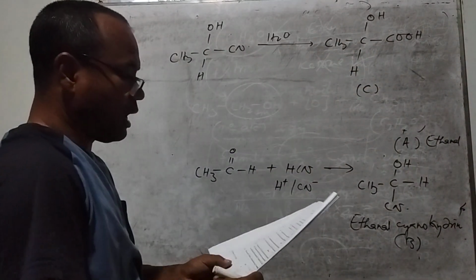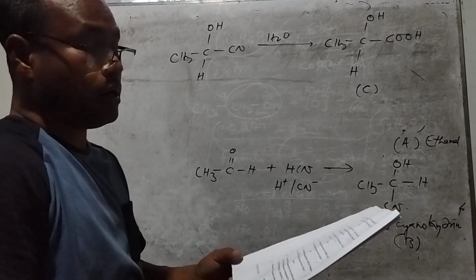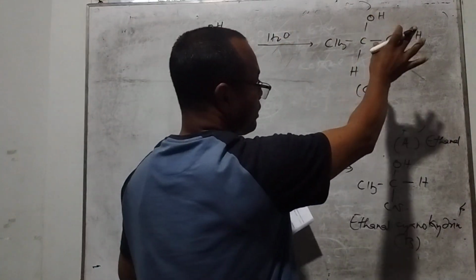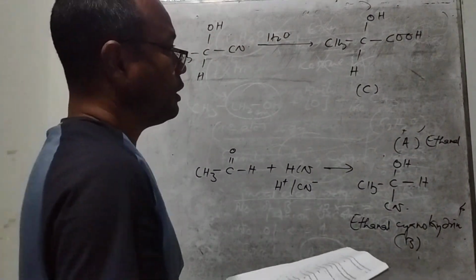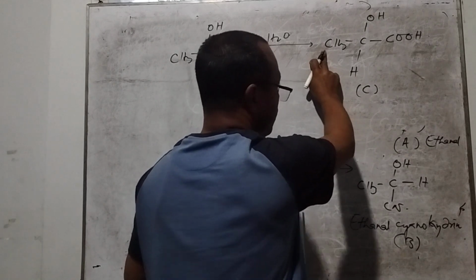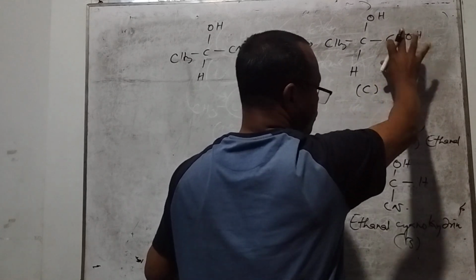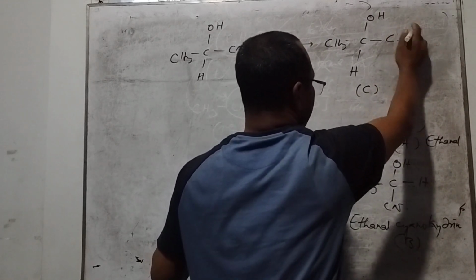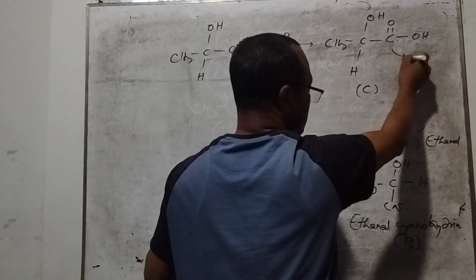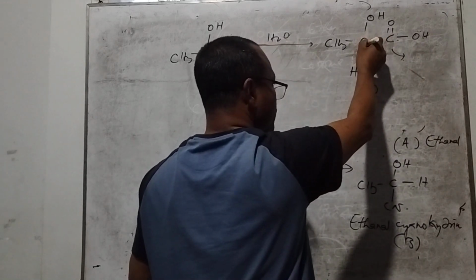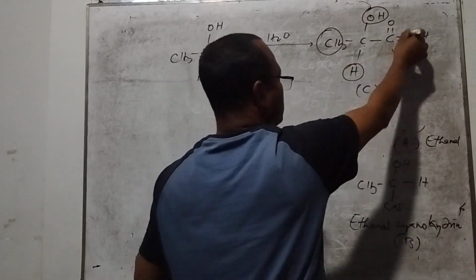See, this answer C is the optically active compound. How is the compound optically active? Here you find 3 carbons. The first carbon is surrounded by 3 hydrogens, and the last carbon is surrounded by 2 oxygens, one of them OH, so we don't consider these carbons asymmetric. Now this middle carbon: one group is here, another group is here, one hydrogen atom is here, and another group is here.